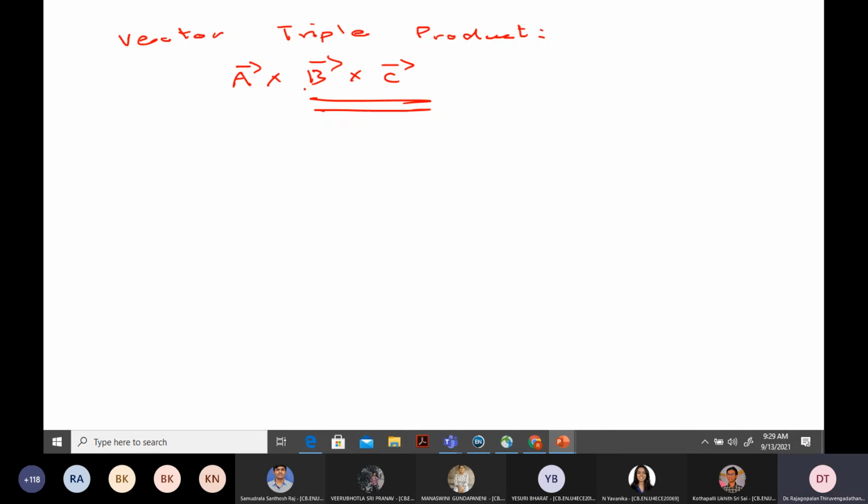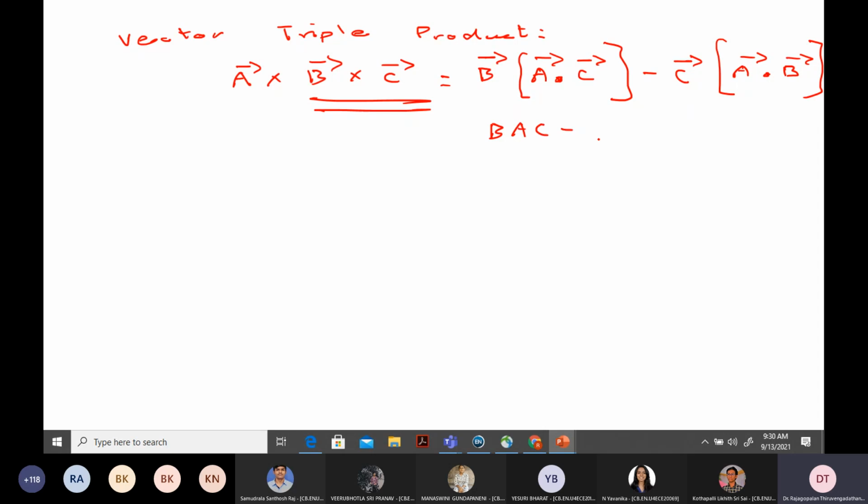The moment I have this A cross B cross C, the best way for this is B, A dot C, minus, this is a rule, C, A dot B. You can expand this and you can prove this. I leave it to you to prove this because I don't want to spend too much time on this. So we might invoke this rule as and when essential. This is what is known as back minus cab.